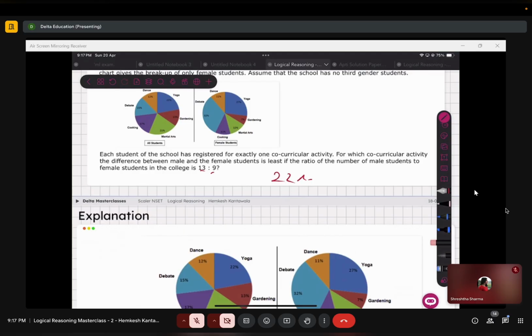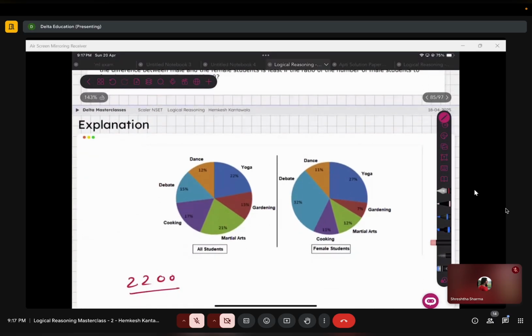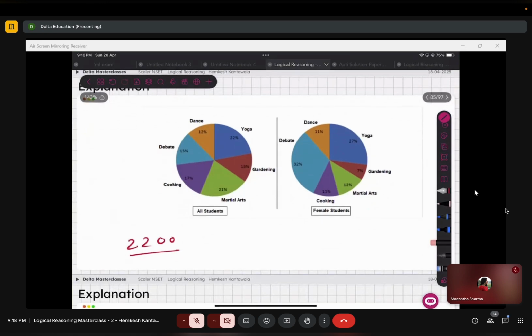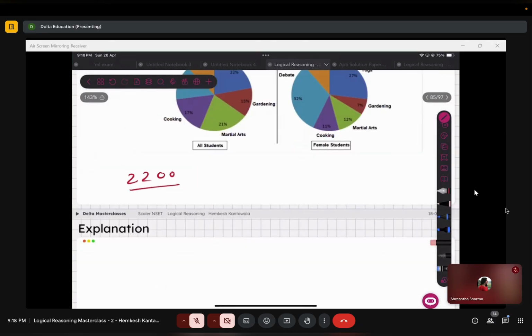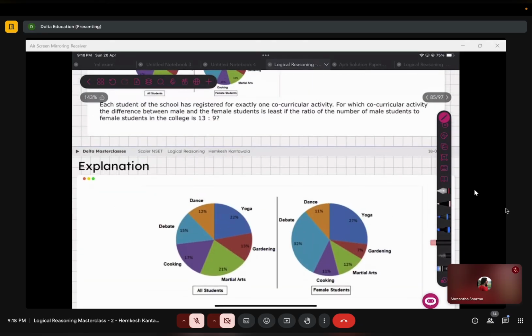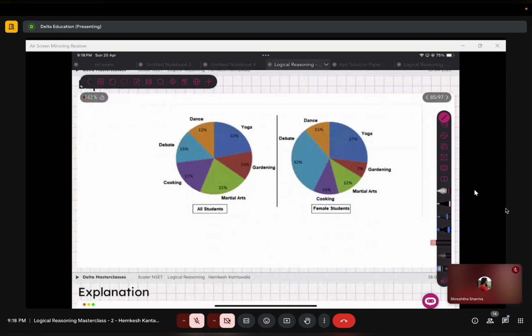Then it's easier to do. We took the sum and multiplied by 100 so that it's easier to calculate, because everything is in percentage. Then it's just simple calculation.